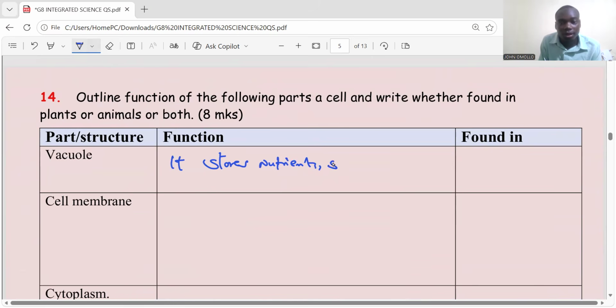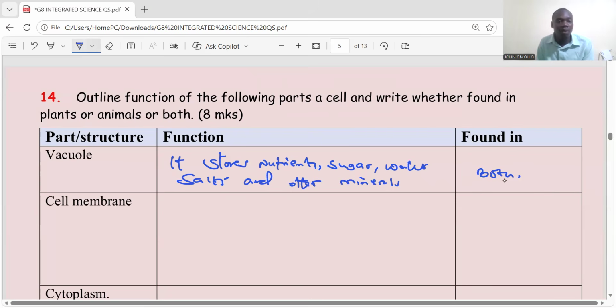It stores sugar, water, salts, and other minerals. This one is found in both.